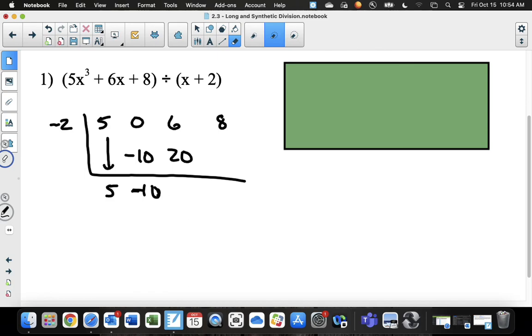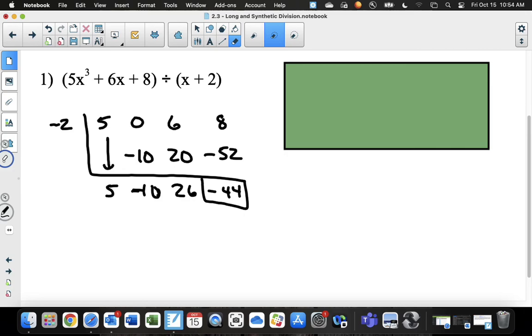And then we add. 26. And then we multiply. Negative 52. And then we add. That final number that I put in the box is the remainder. I like that way better. It's a hair quicker. Just a little bit. Okay?